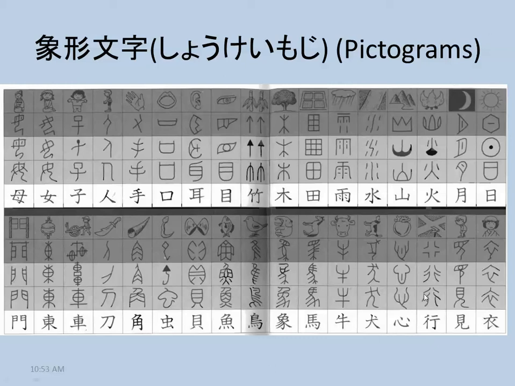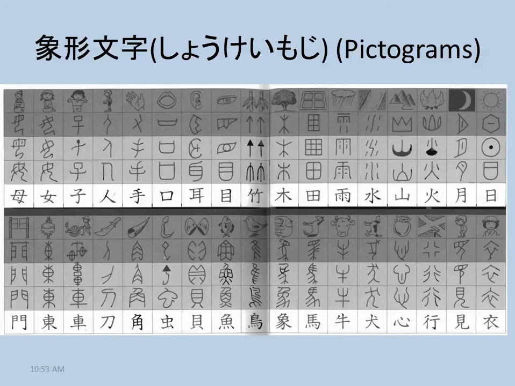For example, here we have an intersection that becomes the character for going, iku. But for the most part, you get the idea from this chart how those simple drawings of objects slowly evolved to become the pictograms of modern day kanji.